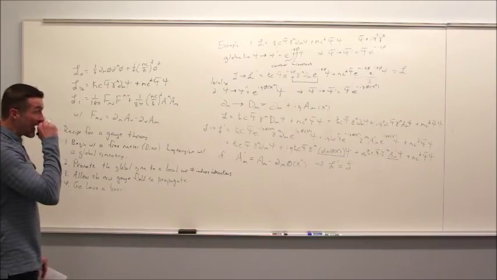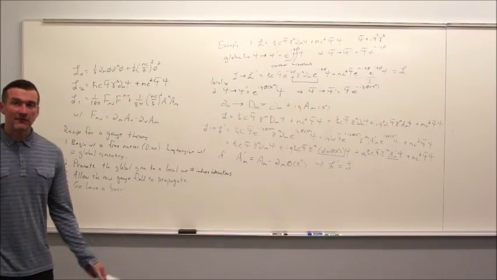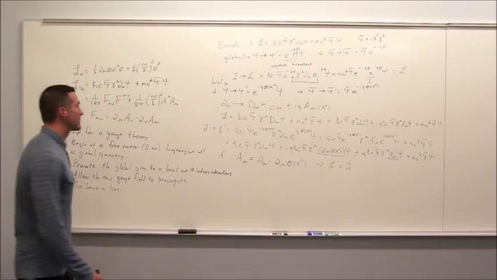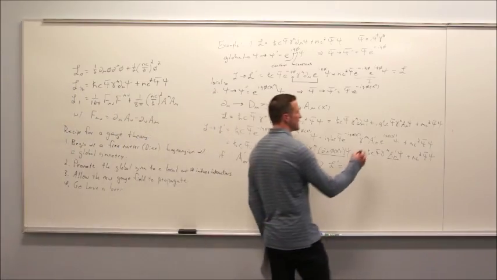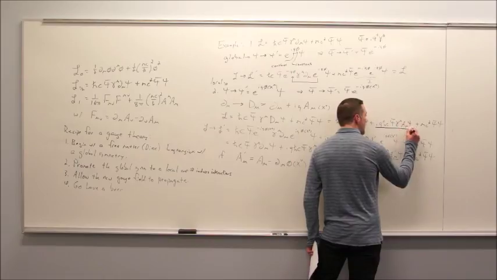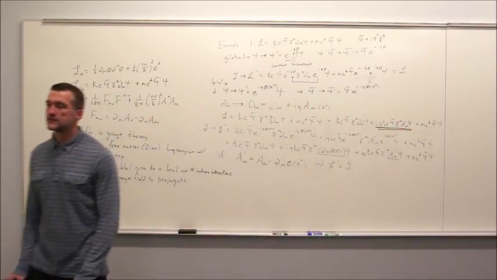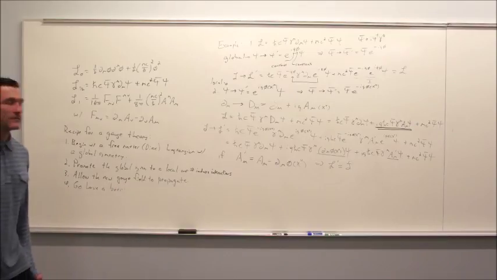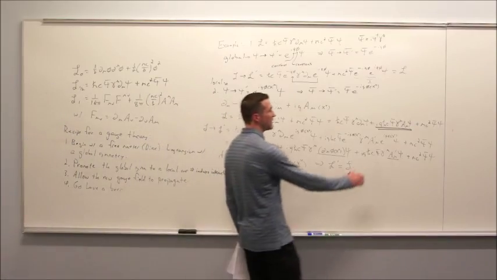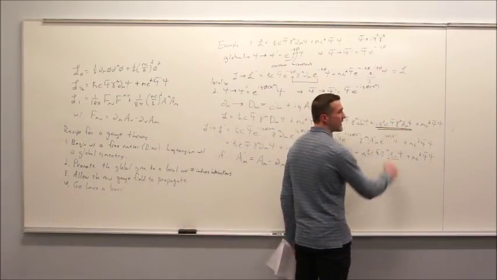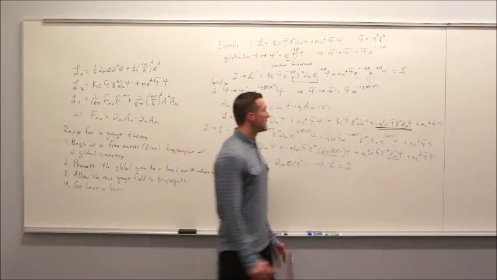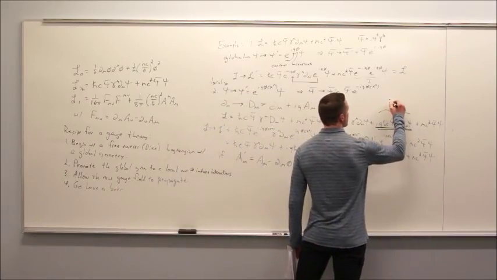I started with psi. I found myself having to introduce A mu, but in the process, I discovered that term right there. What is that? That's an interaction. That is a product of the psi fields and the A mu field. So this term is an interaction.